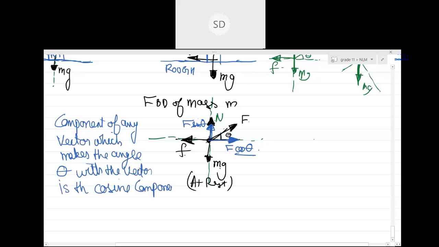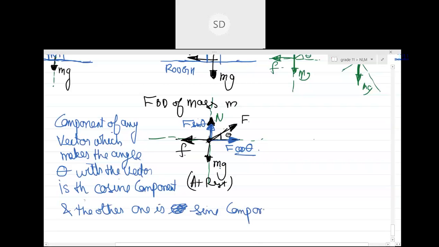Always remember this. The one which is having theta with it is always the cos. The one which is left out is basically the sine.